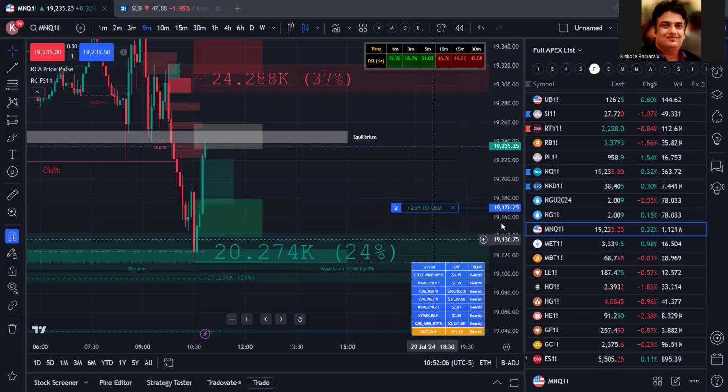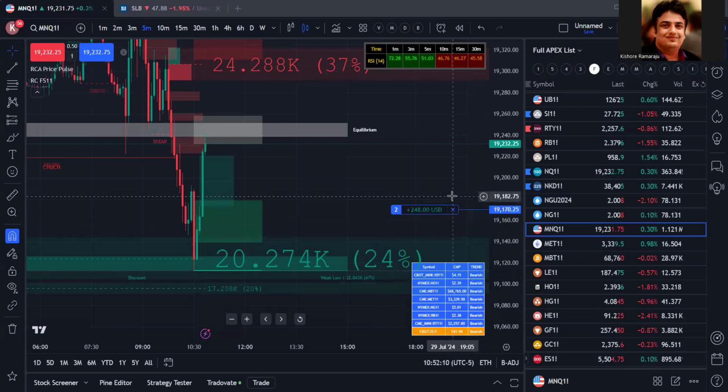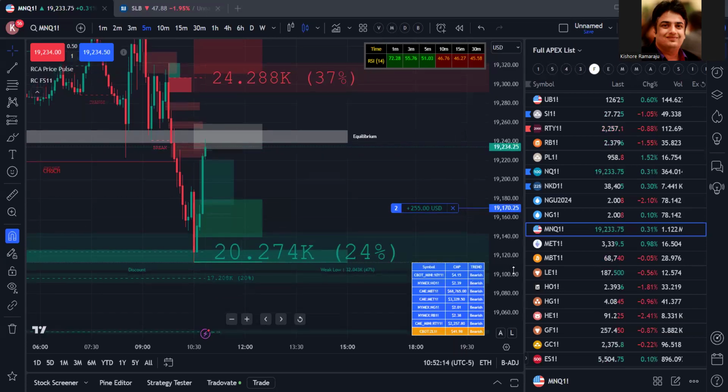Nearly $270 with just two micros. We are taking low risk trades so that our accounts are not impacted.